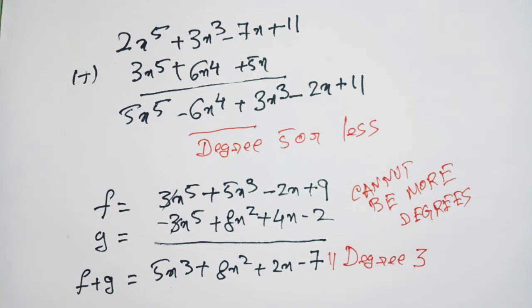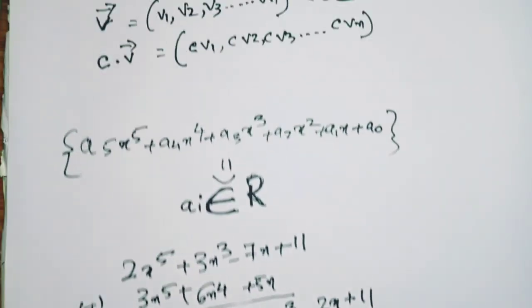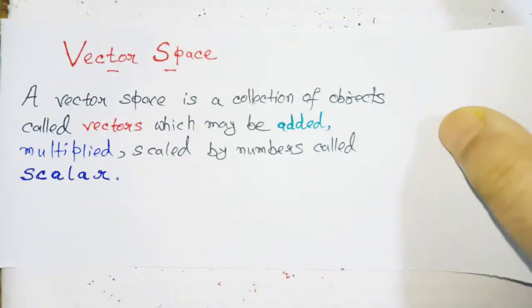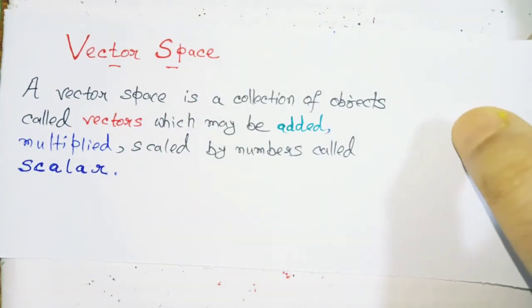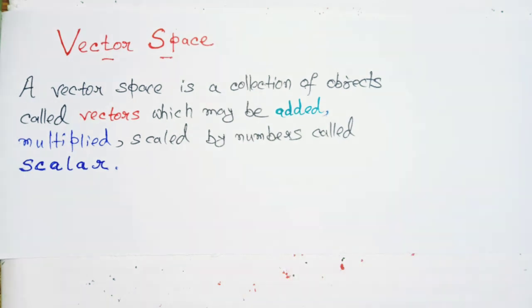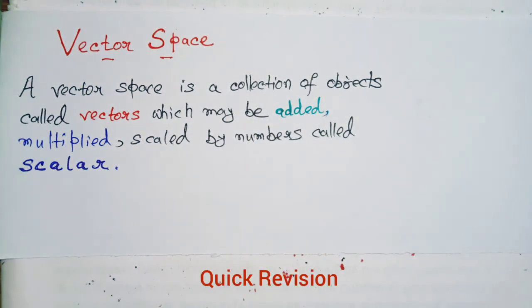So just a quick revision before we wrap up, and I'm going to tell you those definitions. Vector space, we have seen what it is. A vector space is a collection of objects called vectors which have addition, multiplication and all those properties. I think we have seen enough multiplication properties.